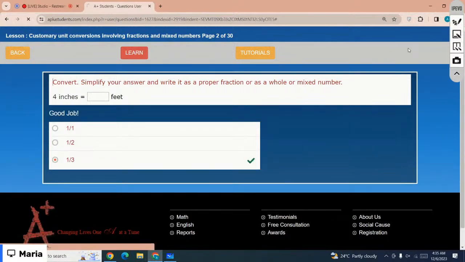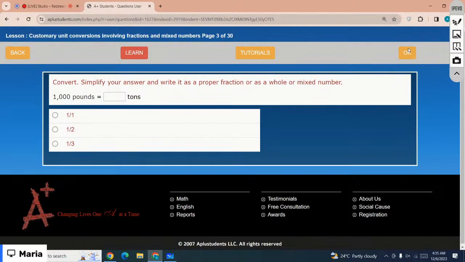Okay, the next one is 1000 pounds equals how many tons? Which is the correct option?